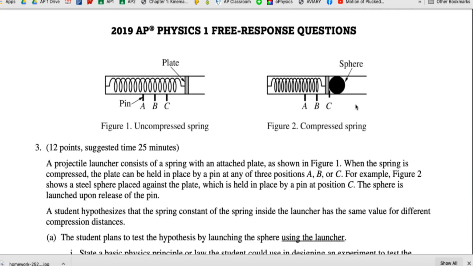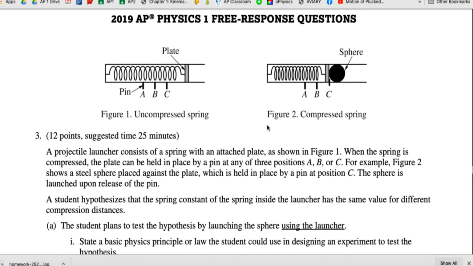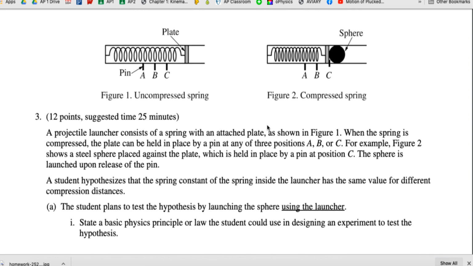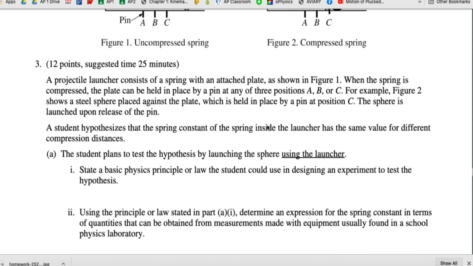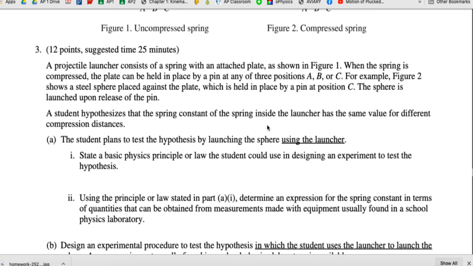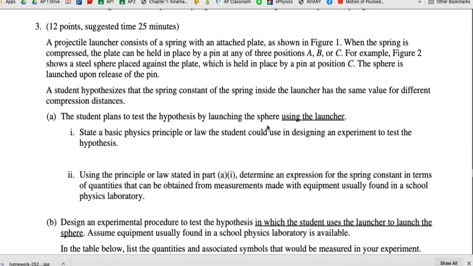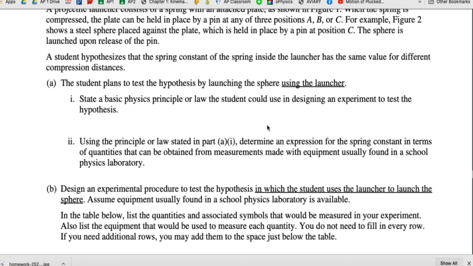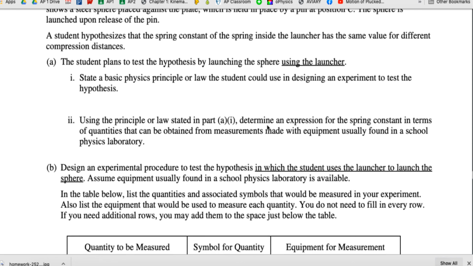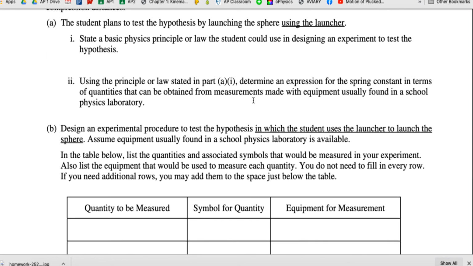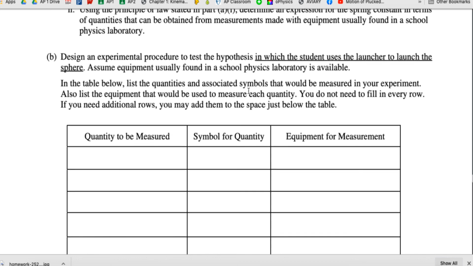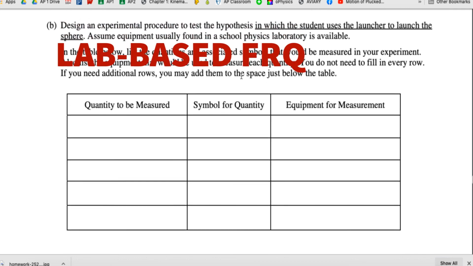This is a 25-minute long problem, 12 points. It looks like springs launching some sphere out. You've got students that are hypothesizing, kind of like in a lab-based scenario. You're supposed to state principles that would explain this, so those are conceptual questions, but then down below, you can tell this is a lab-based experiment problem.